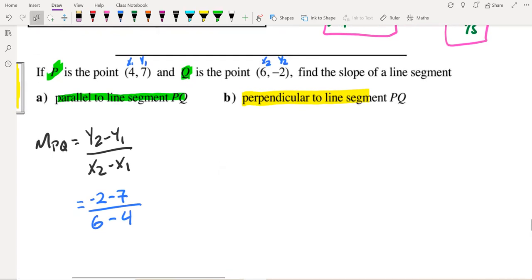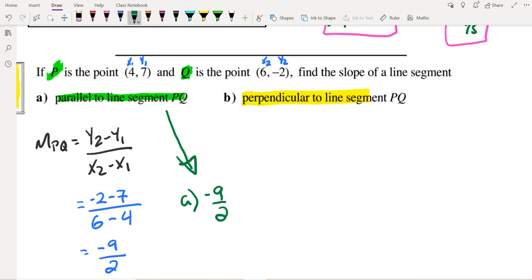Right? So this equals, on the numerator we have negative 9, and on the denominator 6 minus 4 becomes 2. So we have negative 9 over 2. So a parallel line will have a slope of the same, so negative 9 over 2.